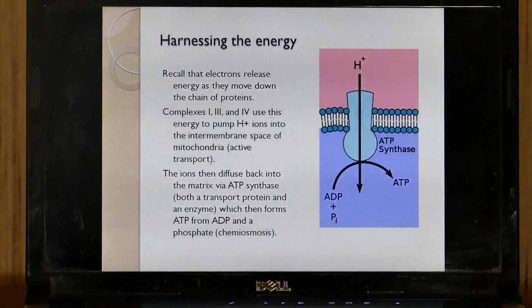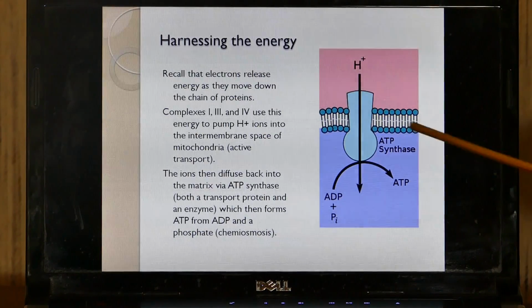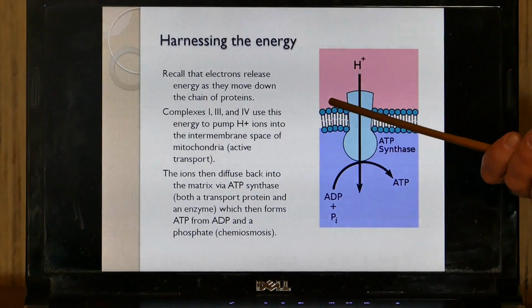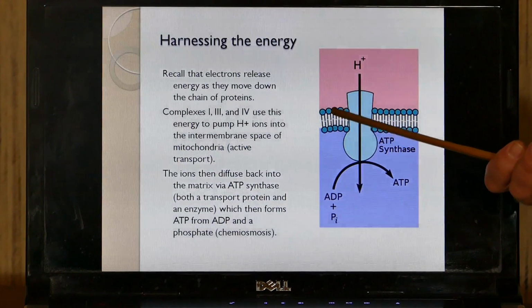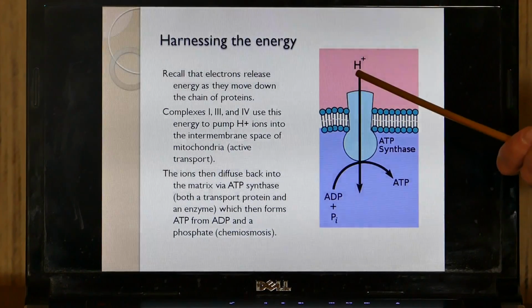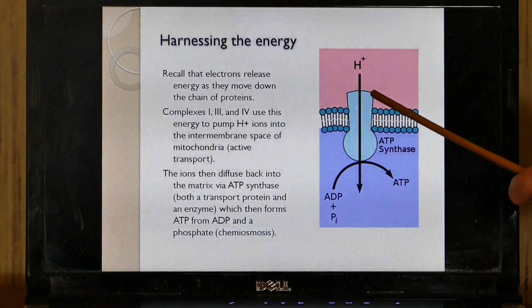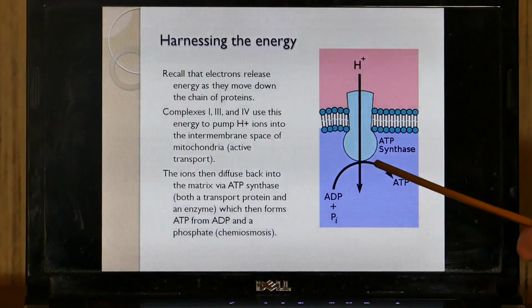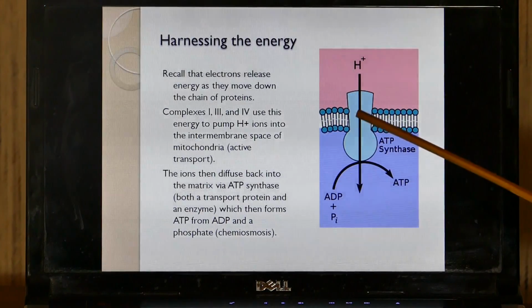Eventually the hydrogen ions come back inside the matrix, but they can't penetrate the membrane. This is a nonpolar layer, and of course hydrogen ions are polar, so they diffuse passively, but they have to use a transport protein, facilitated diffusion.